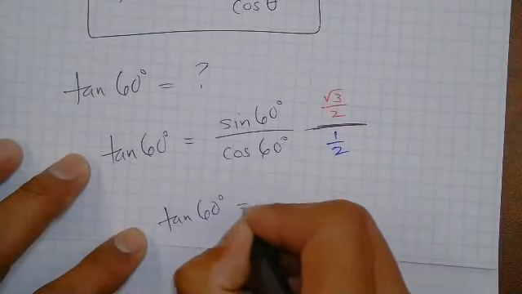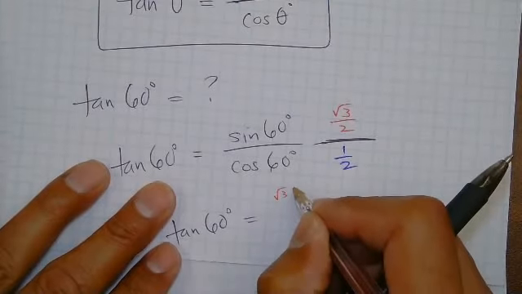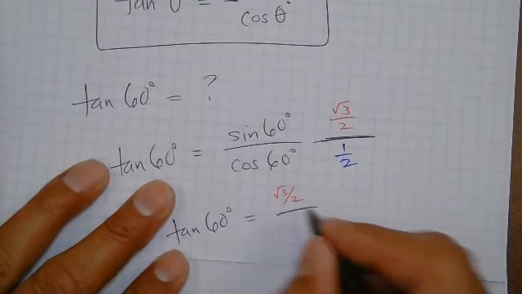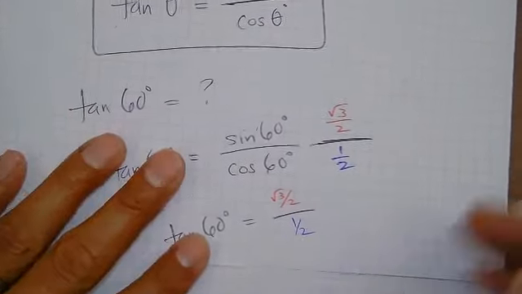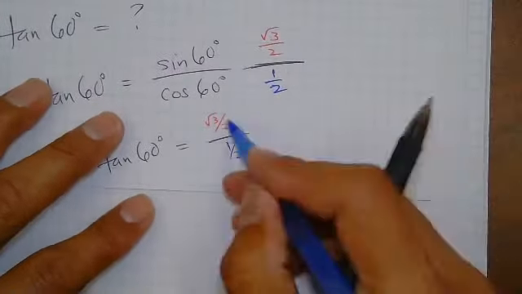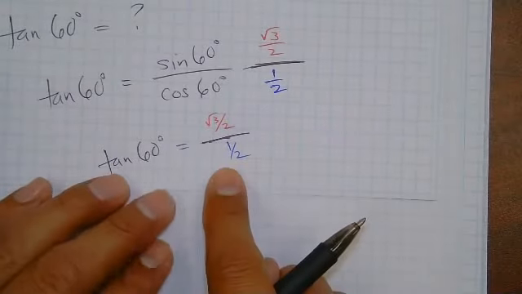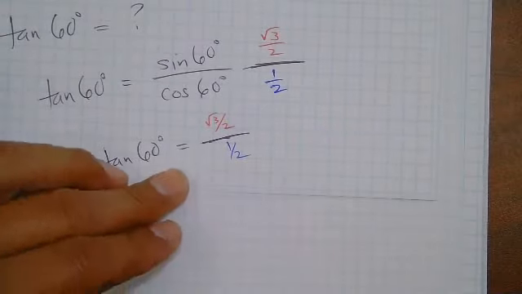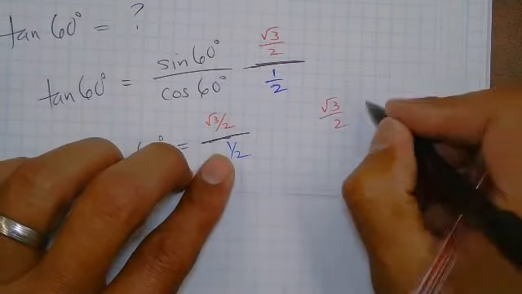So tangent of 60 is what? Well, the square root of 3 over 2 divided by 1/2. How do we do that? How do I do the square root of 3 over 2 and then divided by 1/2? Not like this. How are you going to do it?